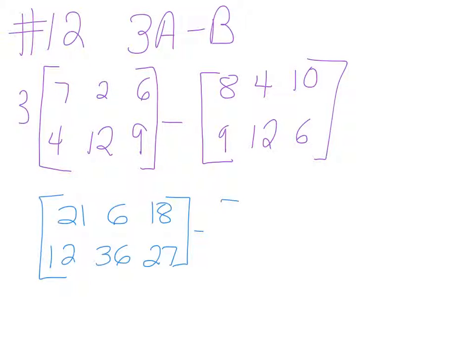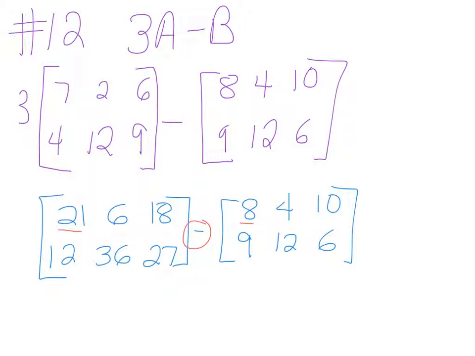Then all you have to do is subtract the numbers in the same position. For example, here it would be 21 minus 8, because you have to keep in mind that it's a minus here.